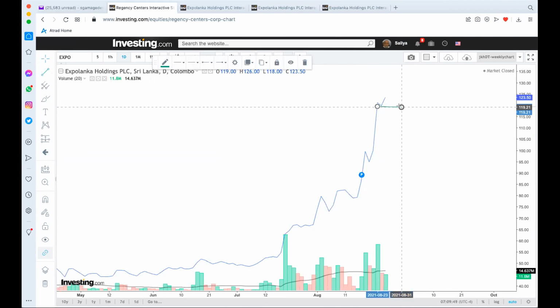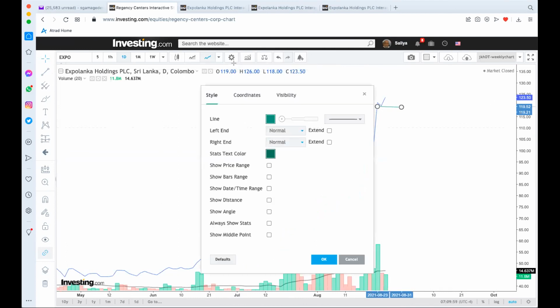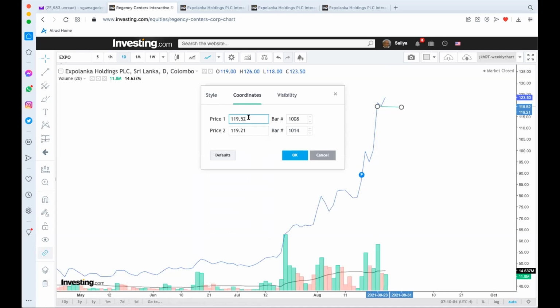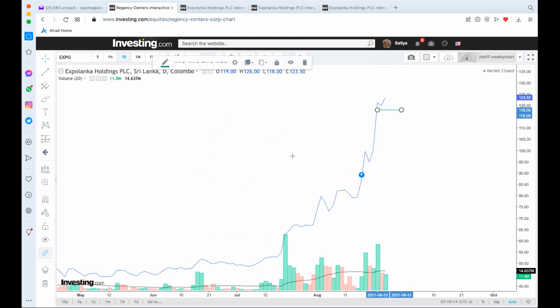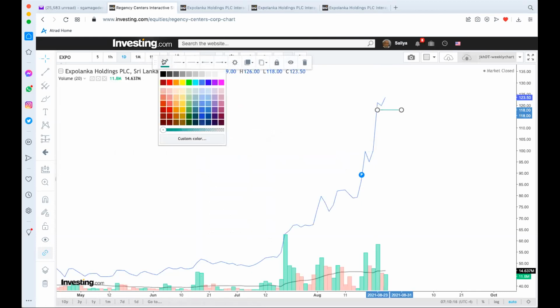It will be useful if you spot that, which is at 118, and format it, or go to the settings and to the coordinates and make it 118 on price 1 and price 2, so that it will be accurately visible like this. At the same time, we can even change the color.